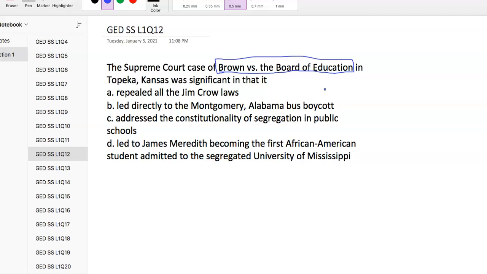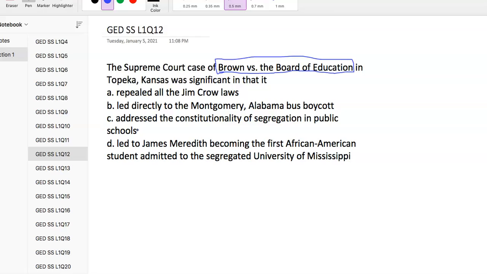Jim Crow laws mandated the segregation of public schools, public places, and public transportation, and the segregation of restrooms, restaurants, and drinking fountains for whites and blacks. So all the Jim Crow laws were not repealed with Brown versus Board of Education. James Meredith was the first African American to attend the University of Mississippi, but it's not directly related to the Brown versus Board of Education case.